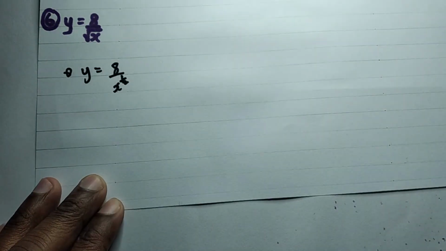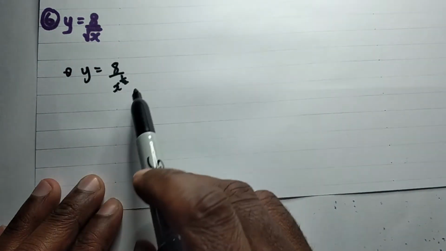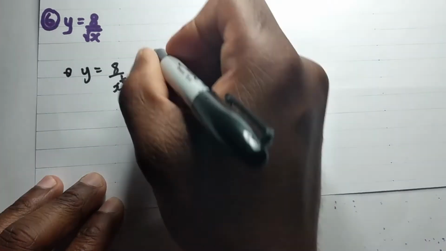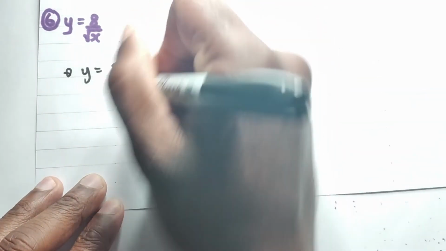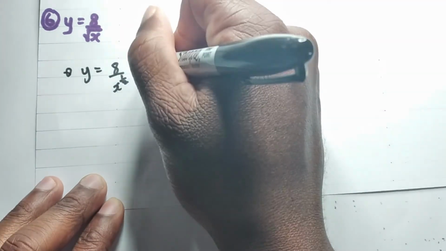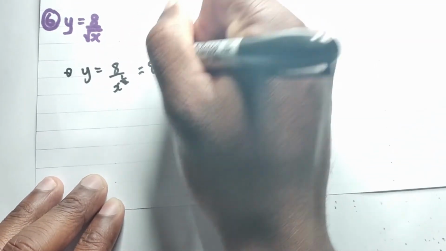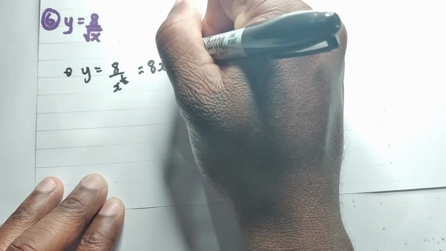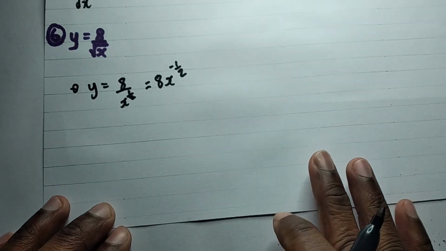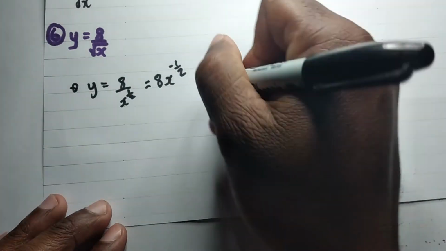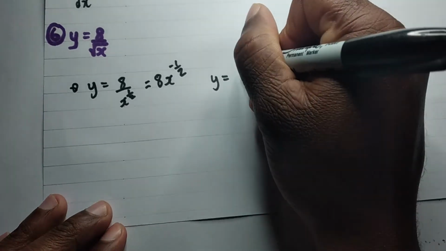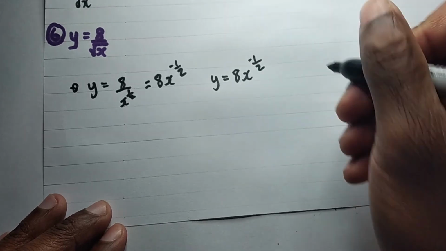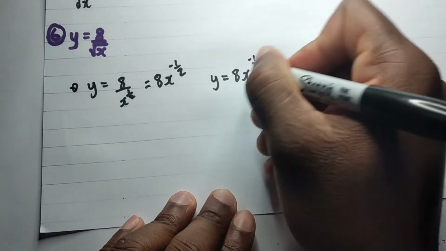We can also bring up the x to the power of a half from the denominator and get 8x to the power of negative a half. So this is the same thing as saying y is equal to 8x to the power of negative a half, and we can work with this now.